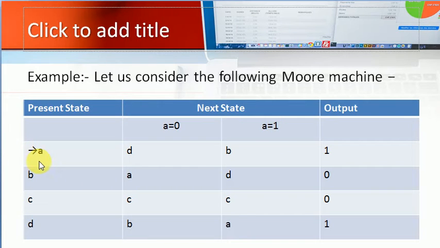So firstly the state is A, that is the starting or initial state. On giving the input 0 on A, we will move to D, giving the output 1. Same like on giving the input 1 on the state A, we will move to state B, giving the output 1.